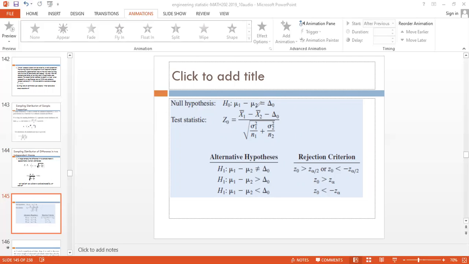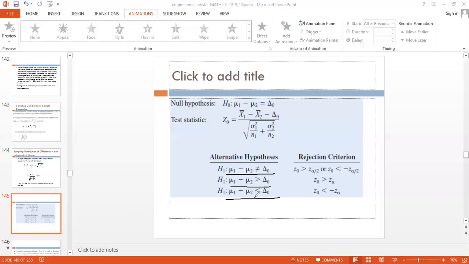We can also test whether mu1 minus mu2 is greater than the difference, or less than a certain difference, or not equal to a difference, which will also lead us to the corresponding rejections.